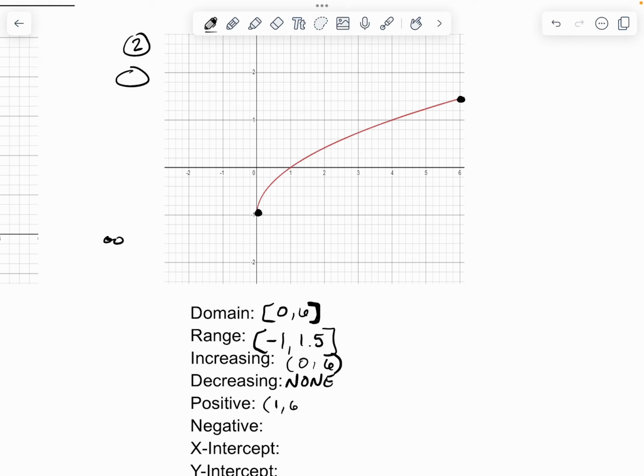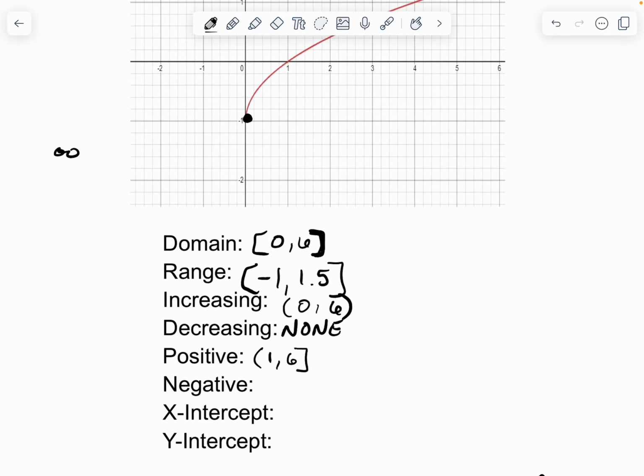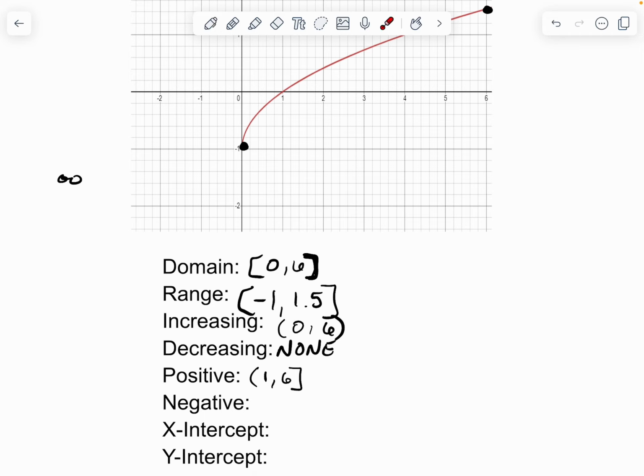It's going to be positive from 1 to 6, and closed on 6. It's open at 1 because at 1 the value is actually 0. And 0 is never positive or negative. That's why we use the curved bracket around the 1 and the closed bracket at 6, because 6 is positive.